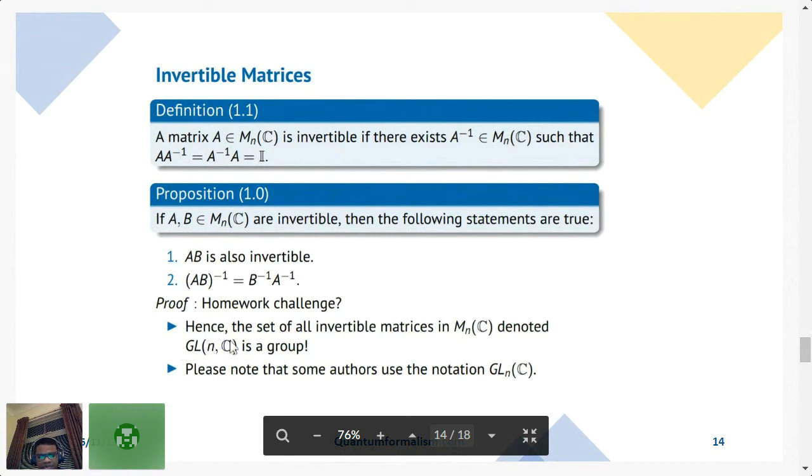More interestingly, because this is too big, we will be looking at subgroups of this, like the general linear group and the special linear group and so on. Another thing to note is an alternative notation. I like using this one, and somehow I don't like using that one, but a lot of authors use it. They mean the same thing, so if you see this, it means this. This is called the general linear group of invertible matrices.